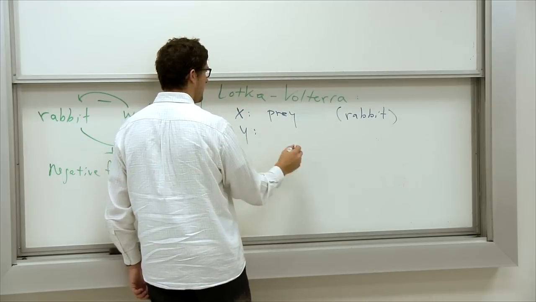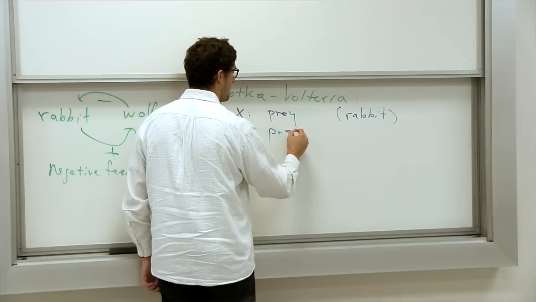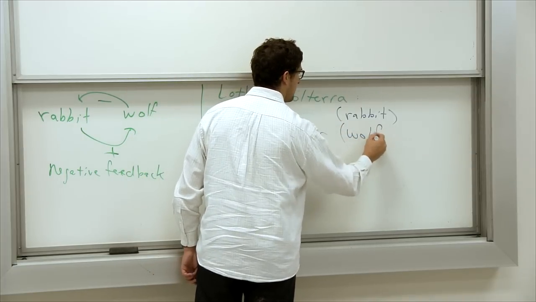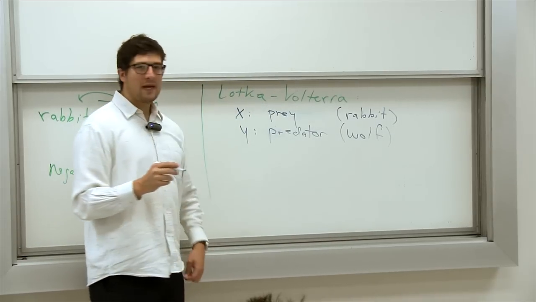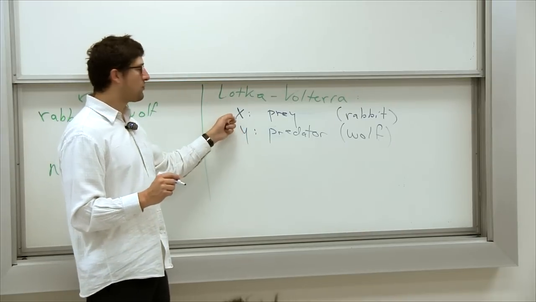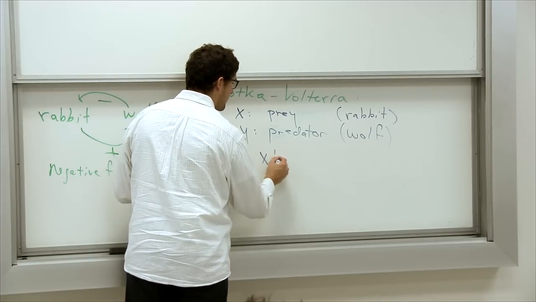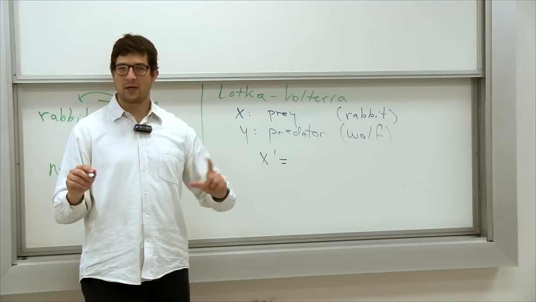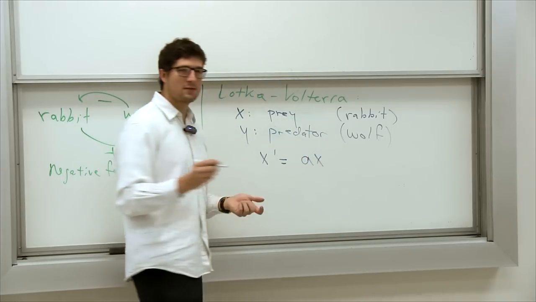And Y is the predator, or the wolves. Okay, so in the absence of wolves, we're going to assume that the prey grows exponentially. Okay, so the model is going to be x prime equal to, what was exponential growth again? Constant times x, right? So let's write it like a times x.